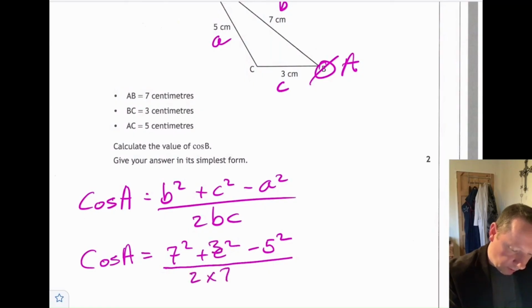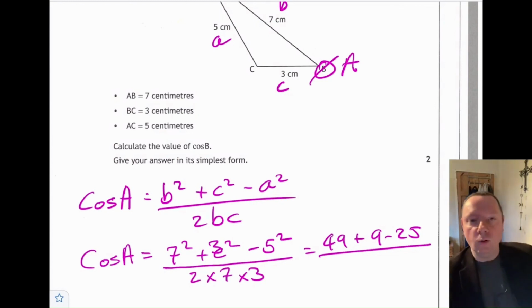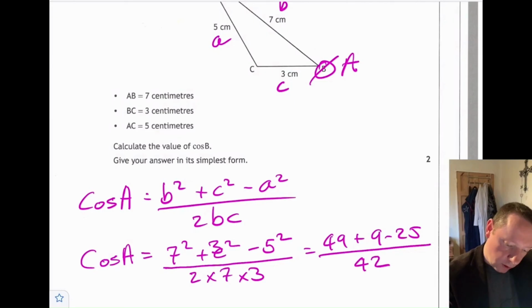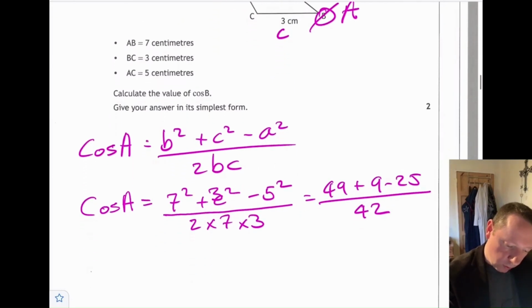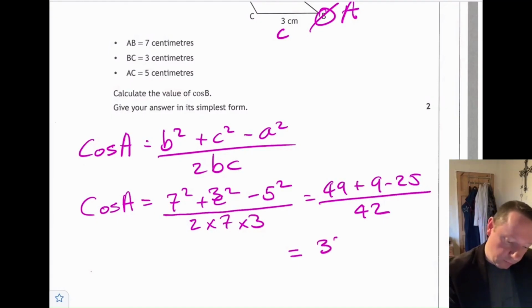2 times 7 times 3. 49 plus 9 minus 25, 2 sevens is 14, 3 14s is 42. So that gives me 49 plus 9, which is 58, minus 25, which is 33, over 42.